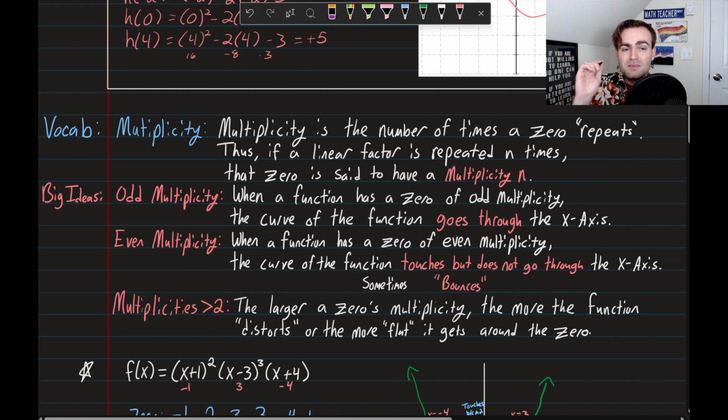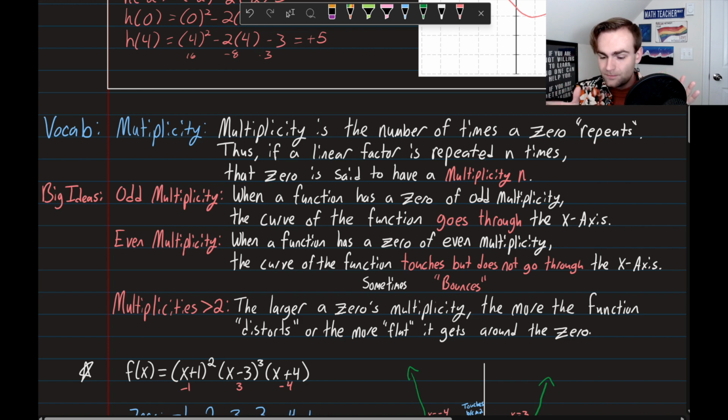So it's either going to be negative before and positive after, or positive before and negative after, one or the other, but it's going to change sign at that 0. An even multiplicity, it's going to touch the x-axis and kind of bounce off. So if it was positive before, it'll hit 0 and then be positive after, or if it's negative before, it'll touch 0 and then be negative after.